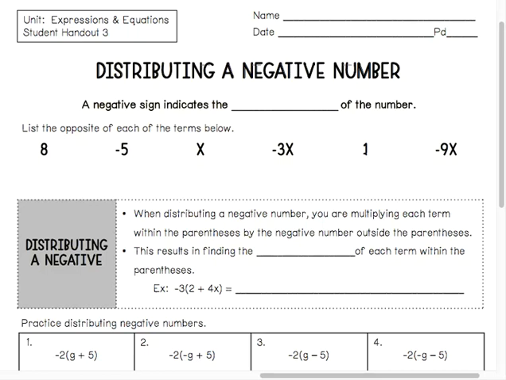Then we have -3 times 4x. Well, 3 times 4 is 12, but we're going to have -12x. Okay? So notice how the first term right here changed to a negative, and then notice how this one turned into a negative as well.